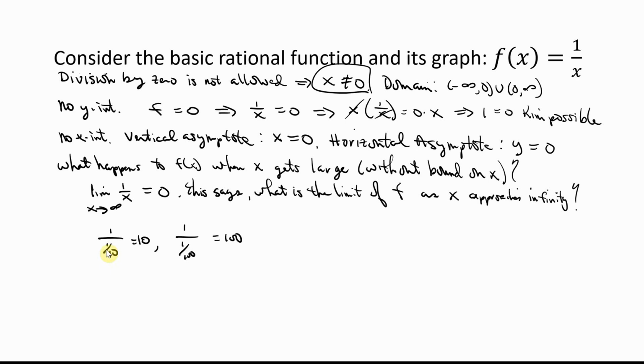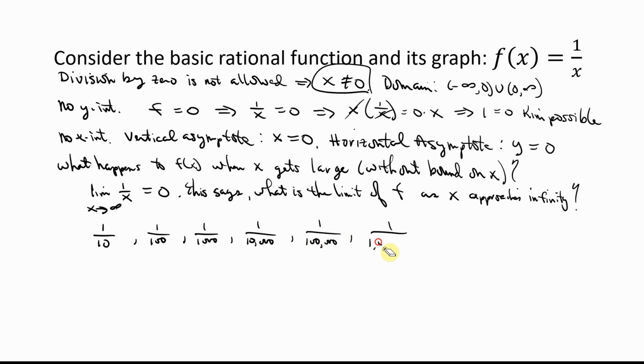I'm going the wrong way. Oh, that's for the so-called vertical asymptote. So we have this 1 over 10, 1 over 100, 1 over 1,000, 1 over big numbers. These numbers are getting closer to 0.